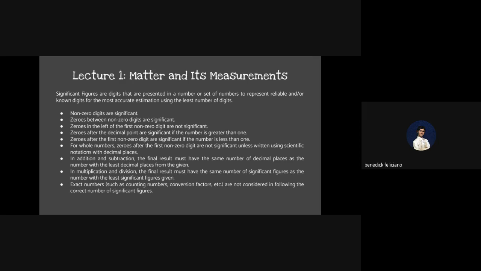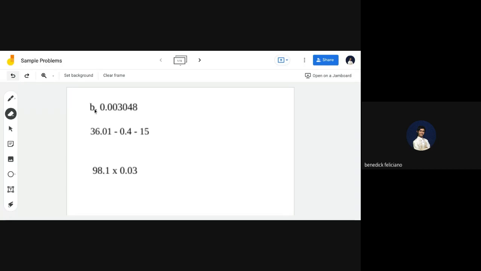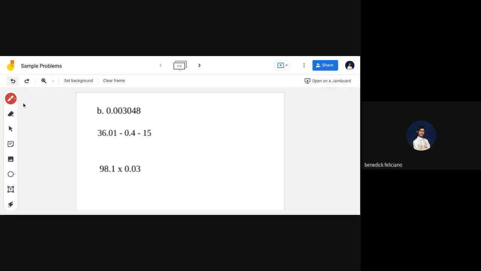So let us try three very basic problems to learn this concept. The first one is to identify the number of significant figures, and the last two are to do the operations following the rules of significant figures.